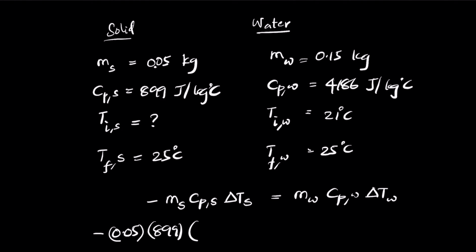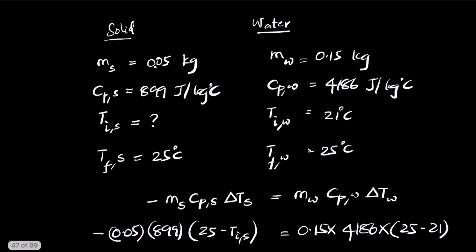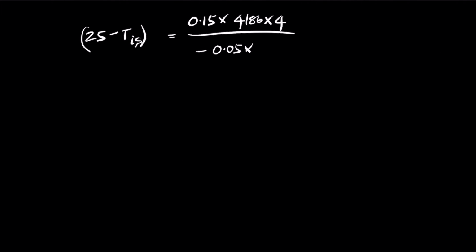The delta T is Tf minus Tis, so Tf is 25 minus Tis, equals Mw, which is 0.15, times Cpw, which is 4186, times the change in temperature, 25 minus 21. So we have 25 minus Tis equals 0.15 times 4186 times 4 over minus 0.05 times 899.